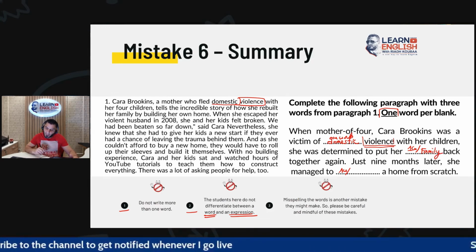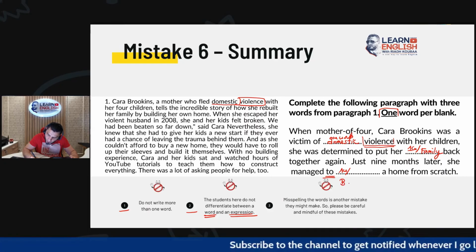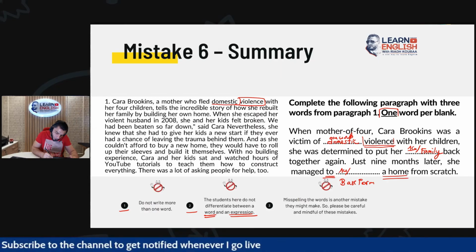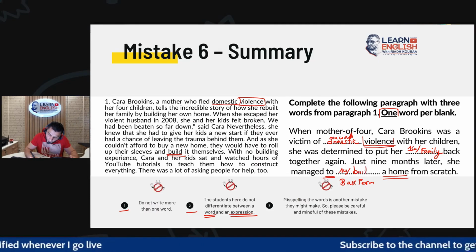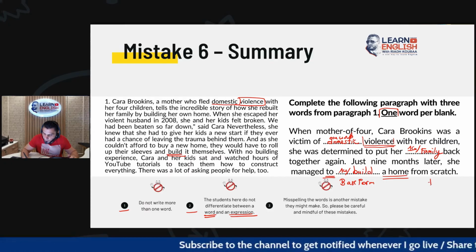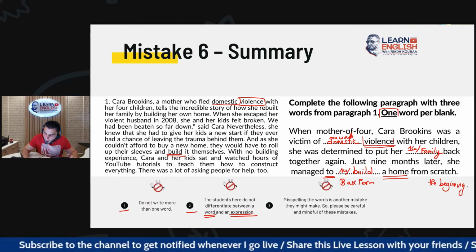Just 9 months later, she managed to, what do we need? Base form verb. A home from scratch. To build a home from scratch, which means from the beginning.